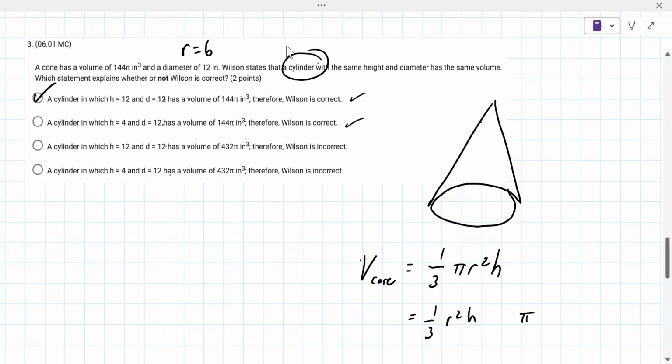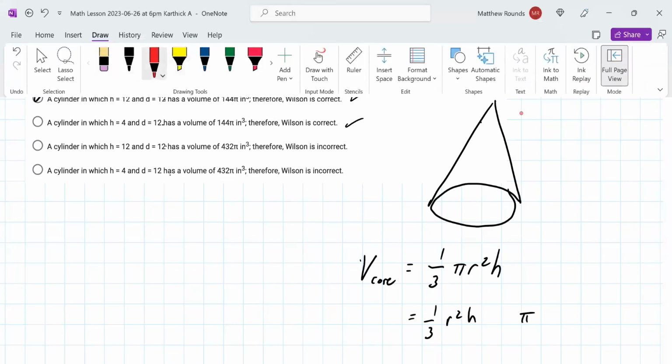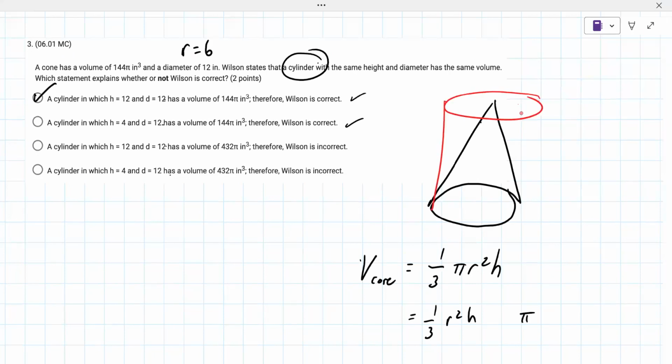Yeah, because the cone fits inside the cylinder perfectly. Got it. Yeah, that makes a little more sense.